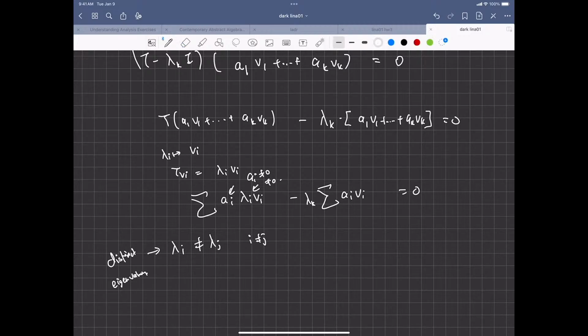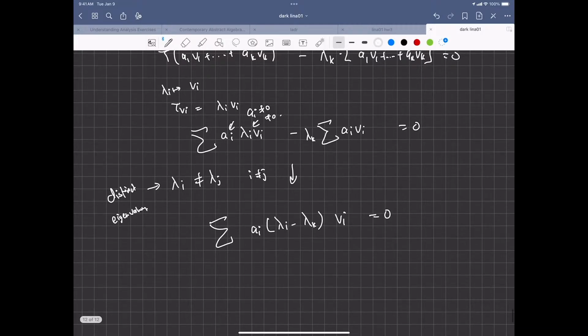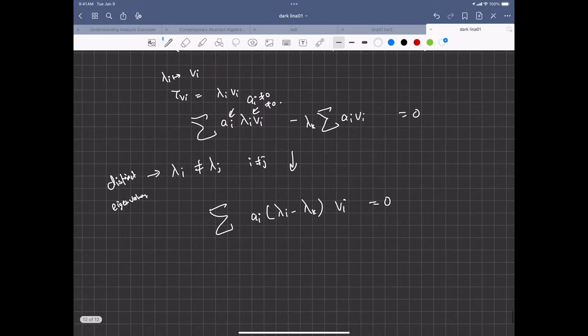So we combine the sum into the following: lambda i minus lambda k times vi. So this here is all 0. And of course, recall that lambda i minus lambda k is not 0 if i is not k.